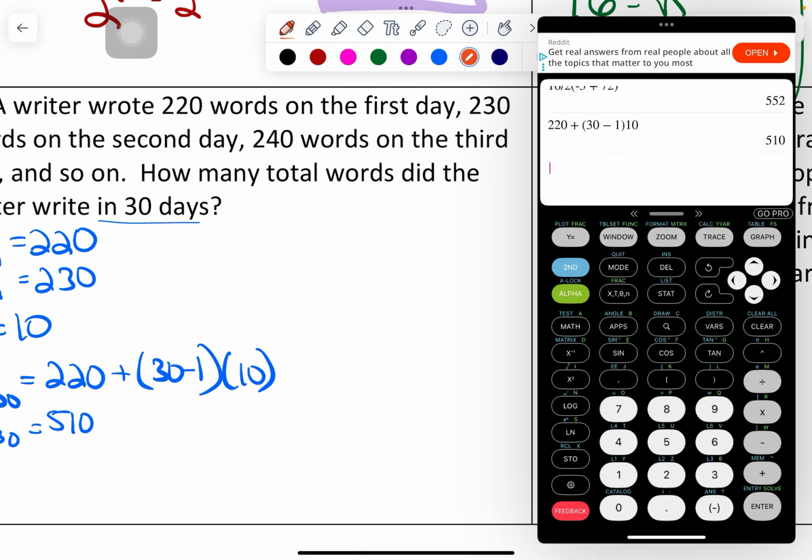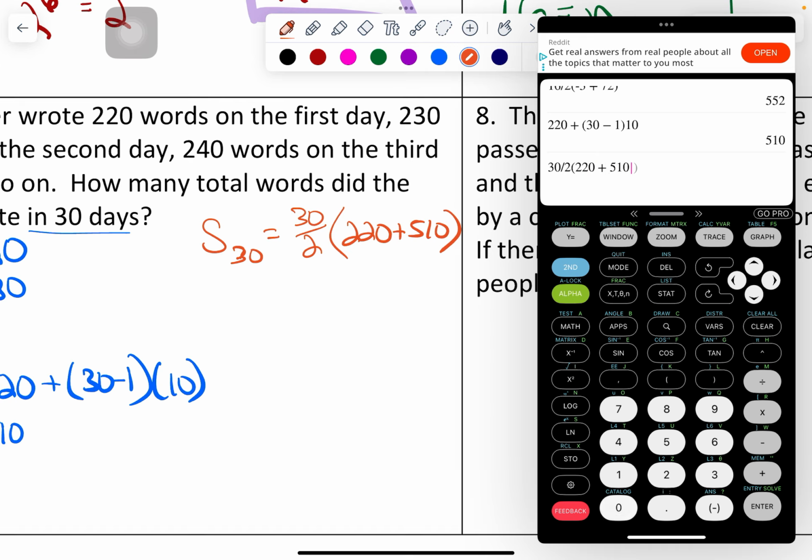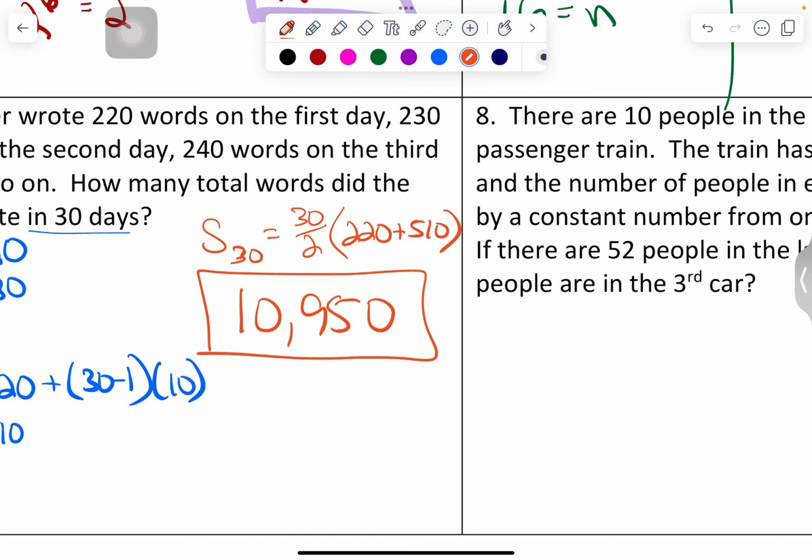And so then the 30th partial sum would be 30 over 2 times 220 words on the first day plus 510 words on the last day. So 30 divided by 2 times 220 plus 510. That's a lot of words. 10,950 words in 30 days.